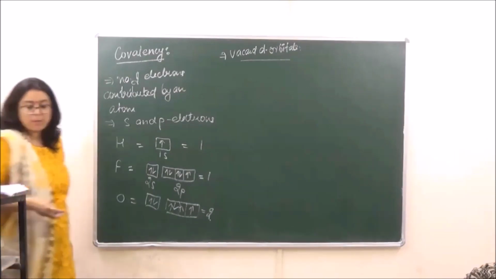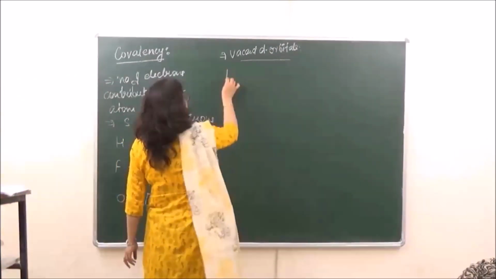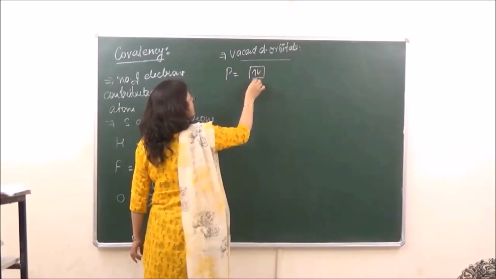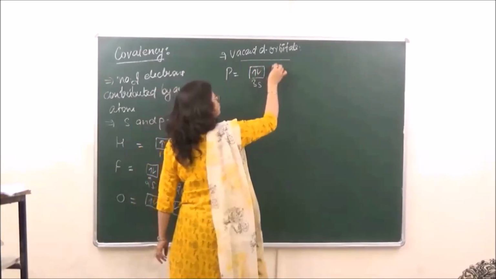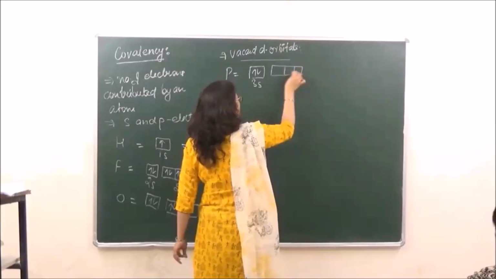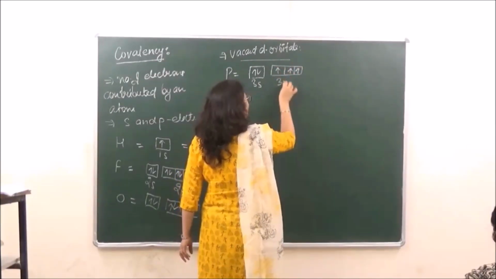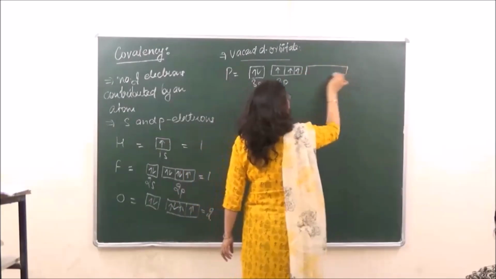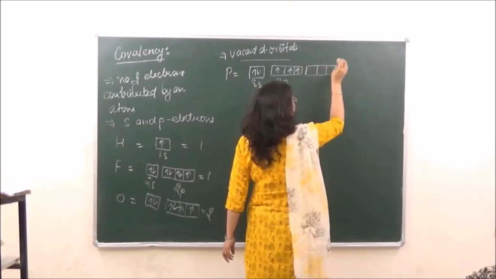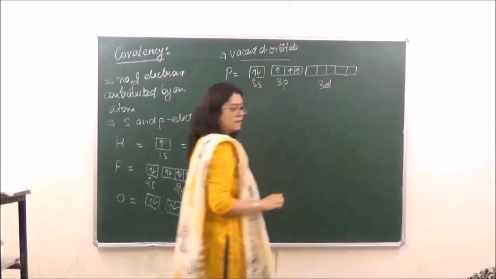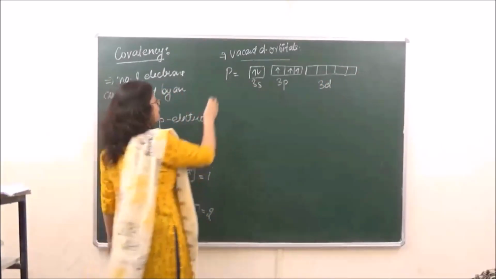Let's take the example of phosphorus. The electronic configuration is 3s2, 3p3, and it also has 5 vacant orbitals of 3d.